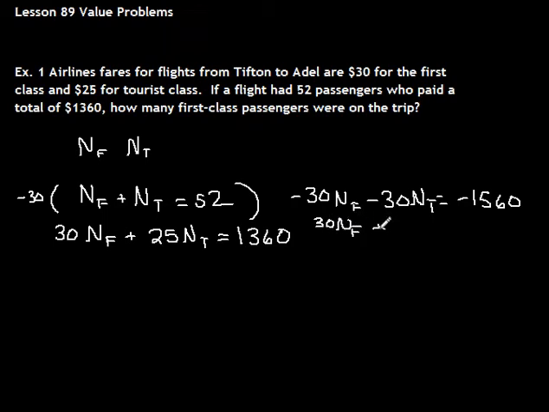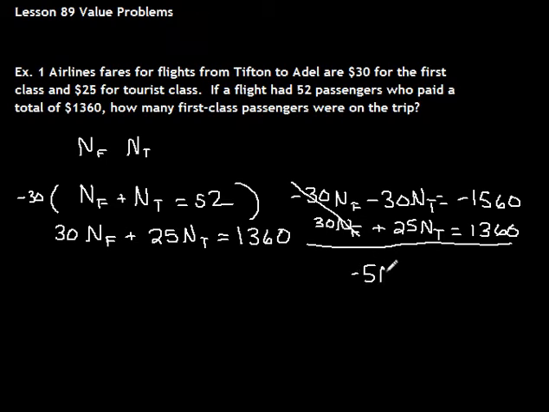This is old stuff, huh? 25 times the number of tourists equals $1,360. Remember, the second one's our value: $30, $25, $1,360. These cross out and we get negative 5 times the number of tourists equals negative 200. The number of tourist tickets is 40.